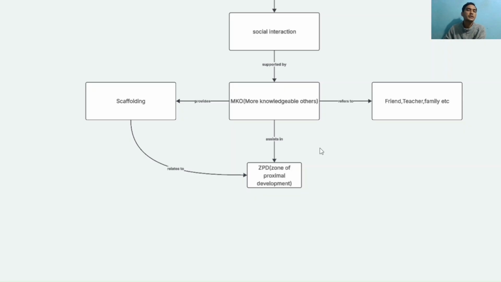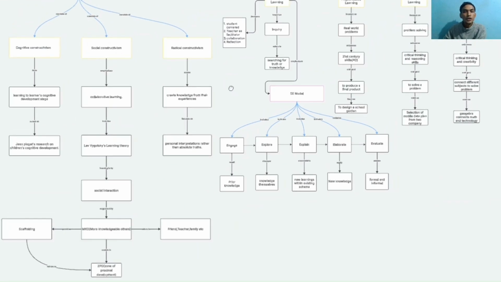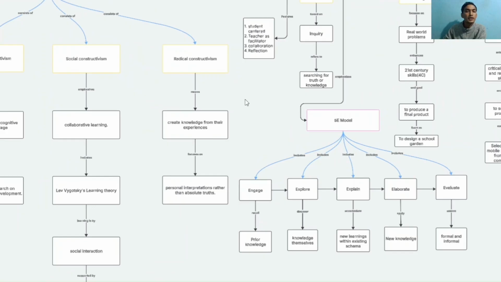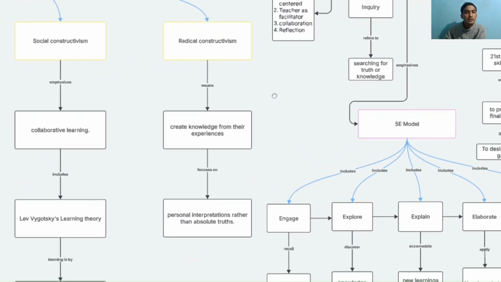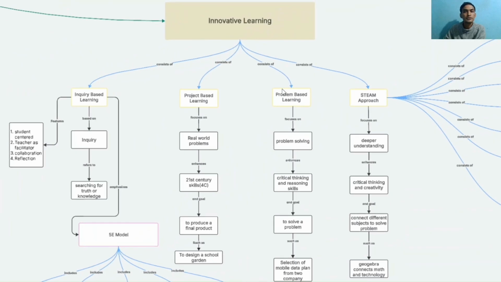The MKO provides scaffolding to those students who are in the zone of proximal development. And another one is radical constructivism, which means creating knowledge from their experiences, and that focuses on personal interpretation rather than absolute truths.